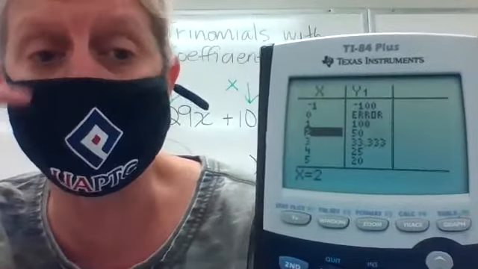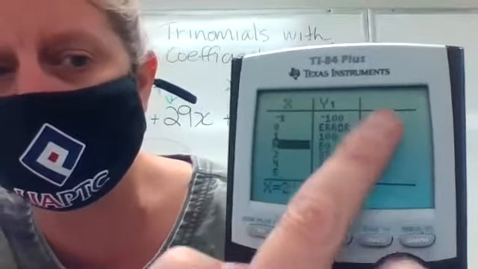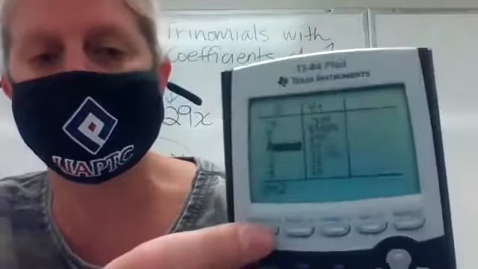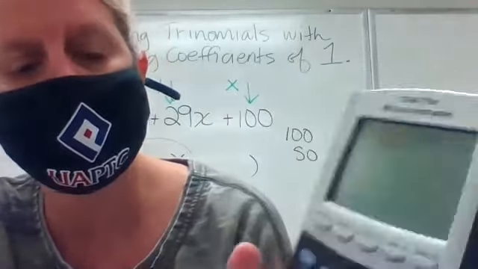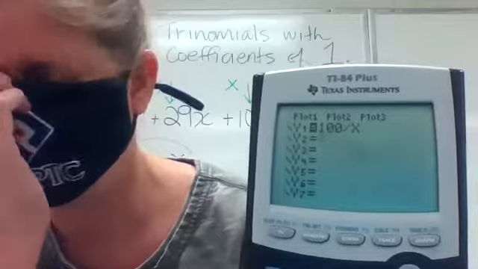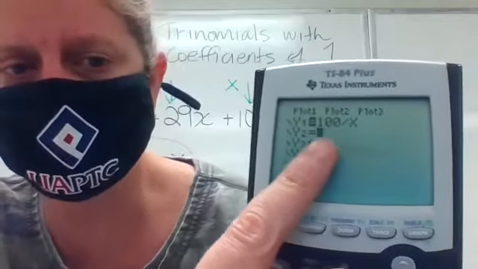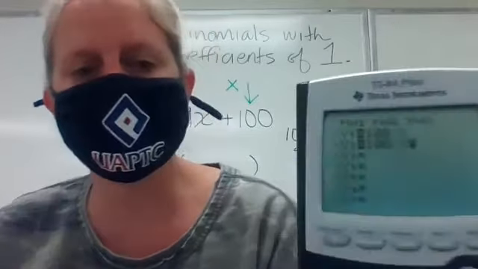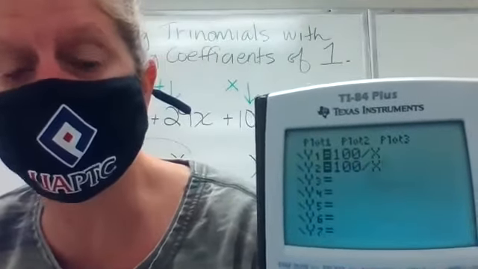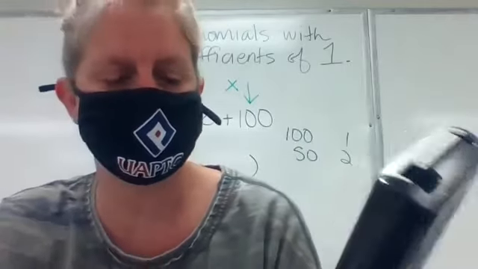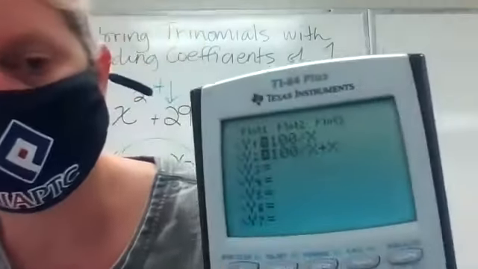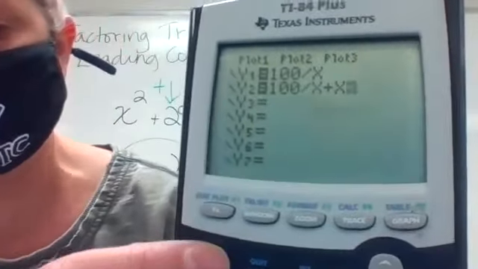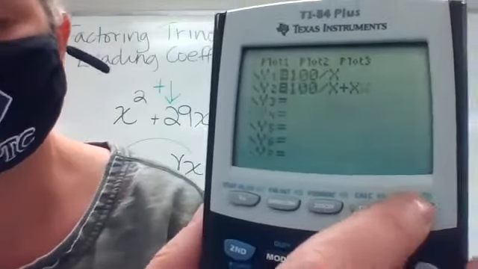But if I don't want to do that, remember, I can put that third column over here that adds the first 2 columns together by going back to my y equals, going down, put your same thing in again. So again, I'm putting in 100 divided by x. And then remember, what do I put after that? I do plus x. And then go back to your table. So hit the second button, go back to your table.